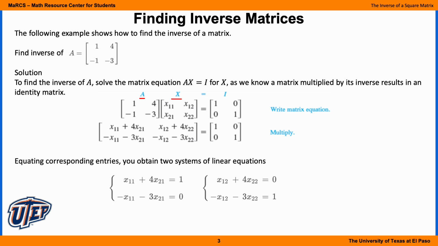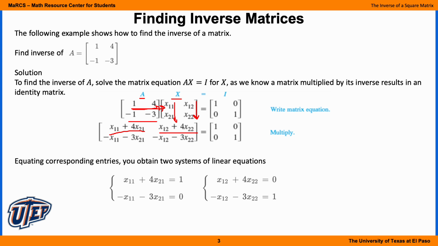So now, after completing matrix multiplication, we do this row by this column right here, and we're adding 1 times X11 plus 4 times X21. Now for the second entry in the first row, we do this row by this column, and we sum them right here.